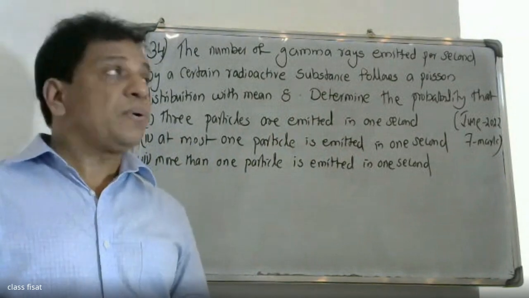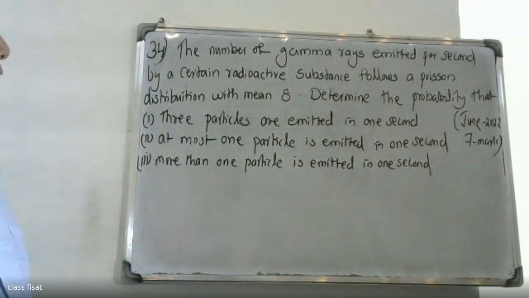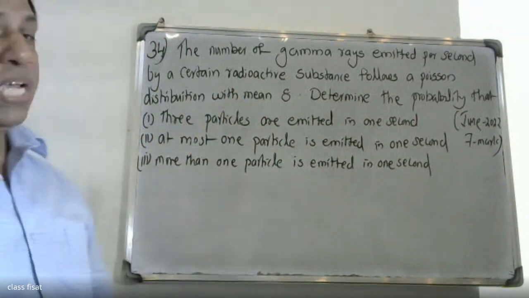In this problem we work out the distribution. The distribution is Poisson distribution, with mean 8.